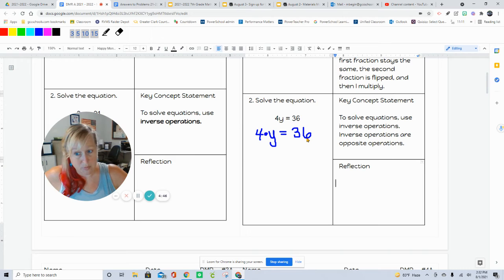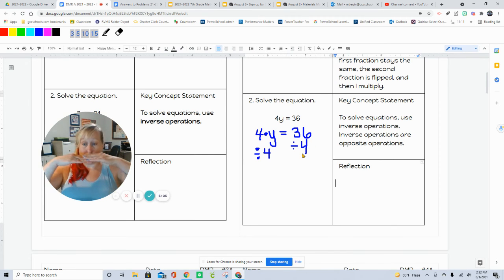Remember, the key concept that we're learning is inverse operations are how you solve these equations. So what is the inverse of multiplication? Well, it is division. So I'm going to divide this side by 4, because remember, we are keeping that equation equal, balanced.